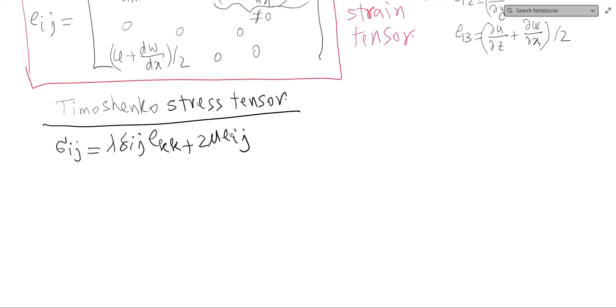I can rewrite this in terms of the more common coefficients, modulus of elasticity E and G and mu, and that would be E divided by 1 plus mu; we had it in the previous treatment, but I rewrite it here again.